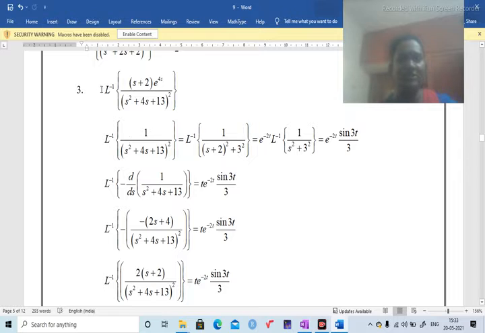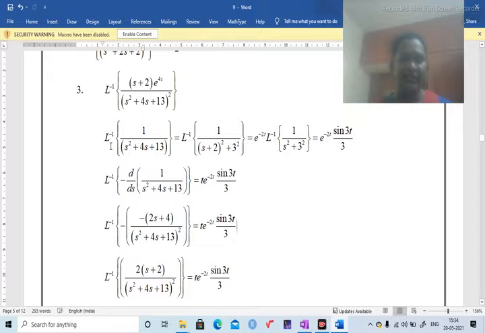Next question, L inverse of (s plus 2) into e power 4s by (s square plus 4s plus 13) whole square. Let L inverse equal L inverse of 1 by s square plus 4s plus 13.